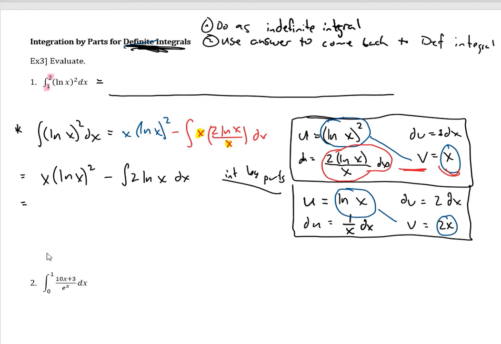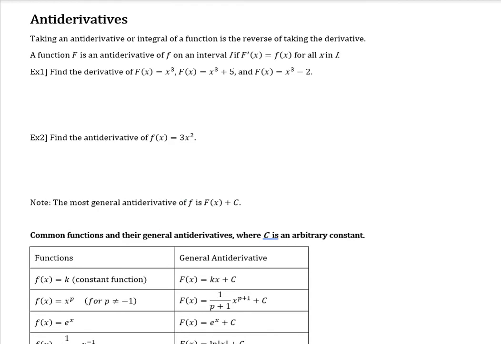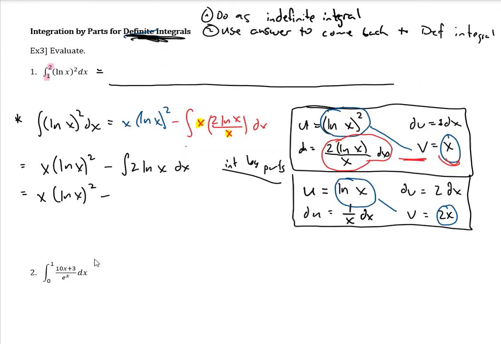So the first term is just the same, x ln of x squared. And then minus, and here's where we have to be careful. Here's where we have to be careful when we do it twice. All right, so I'm going to use green here to say, hey, this whole thing will get minused. So let's put it like that. I think that should be enough space.